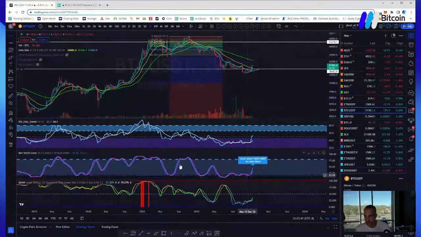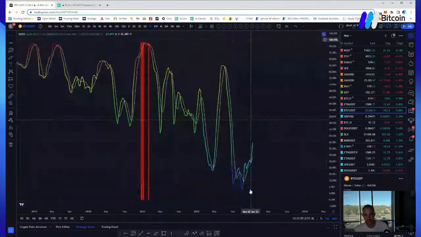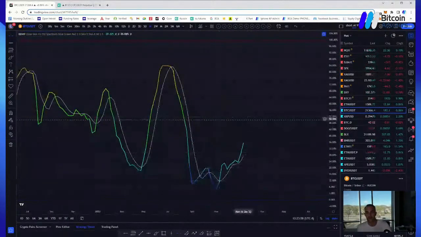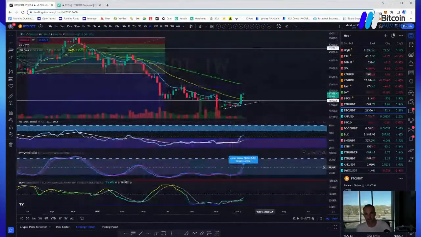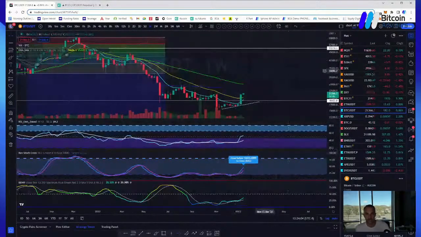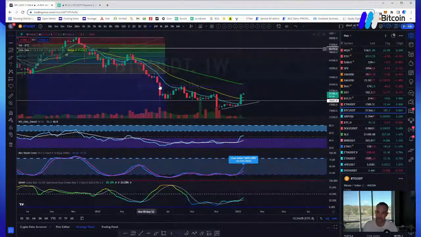So first bit of statistics here. The average gain on this read right here, and this is a volatility momentum indicator play. What that refers to is, when volatility expands on the weekly time frame from a low level, alongside the stochastics crossing up from a low level, the average move has been 49% if you back test it.